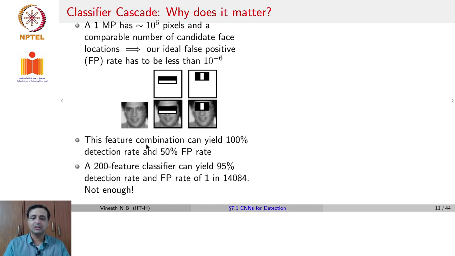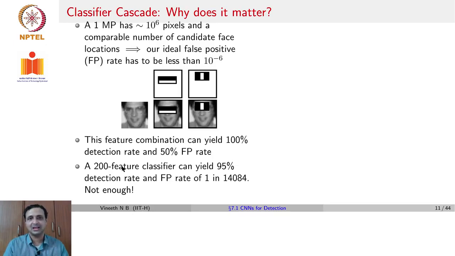If you went a little further and included 200 features, remember the above example, we had only two kinds of Haar filters. If you included 200 kinds of Haar filters, when we say 200 kinds, you arrange those black rectangles and white rectangles in several ways. You could have them as a checkerboard, 2x2 checkerboard, a 5x5 checkerboard. You could have 3 rectangles, you could have 5 rectangles, 7 rectangles.